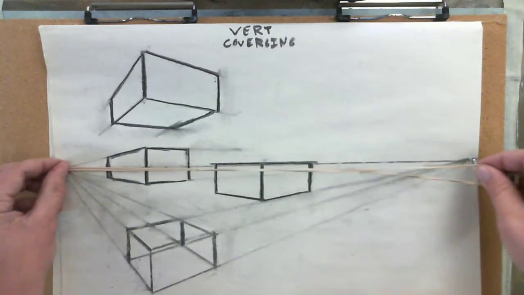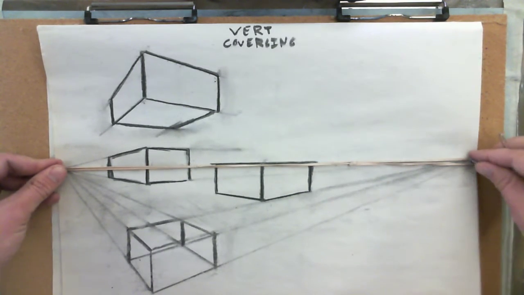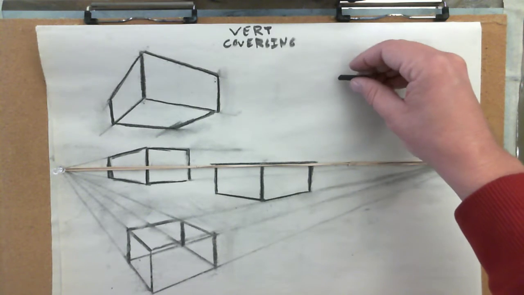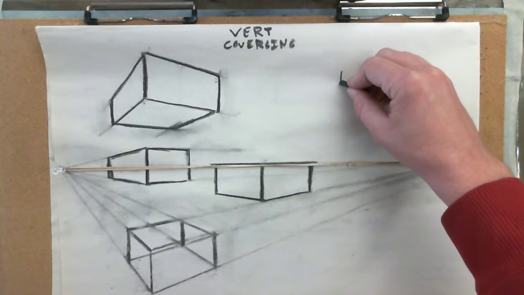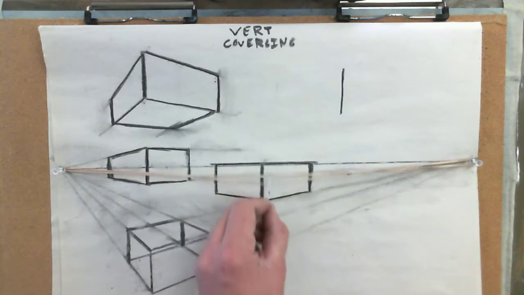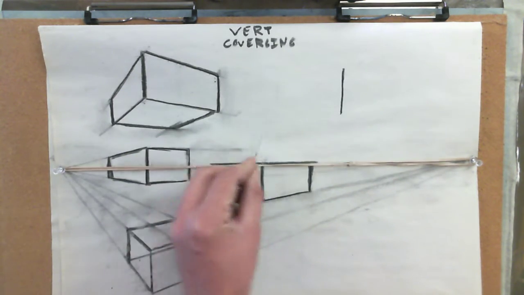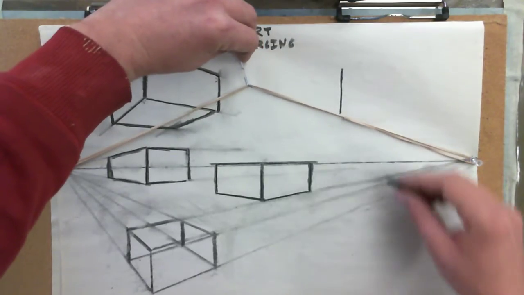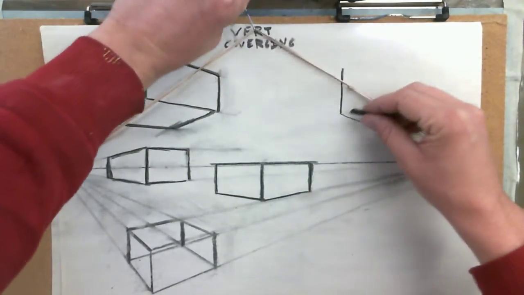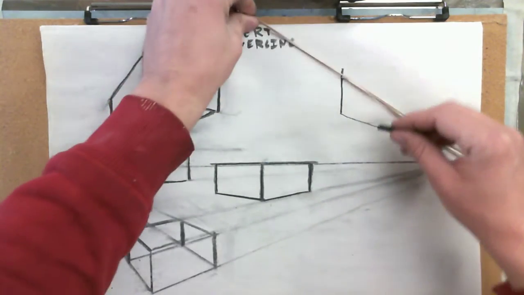This is a set of rubber bands. Use this tool to draw as well. So again, we'll start with the vertical line. And then this I can use to draw my converging lines. Should have drawn this below.